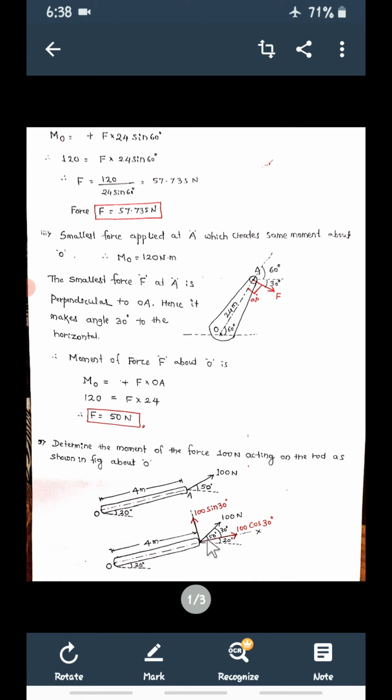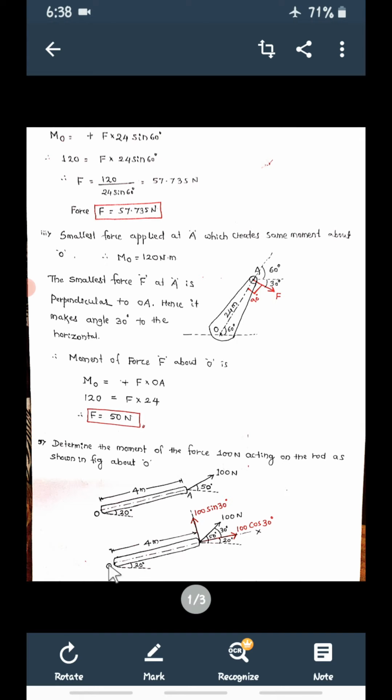Now this is 50°, and this is the horizontal. The 100 Newton force is making an angle of 50°. This is the axis of the rod.